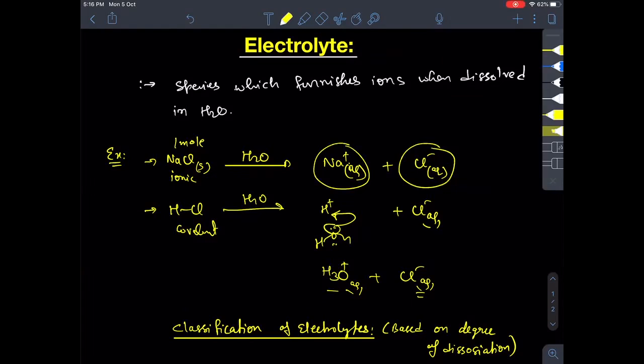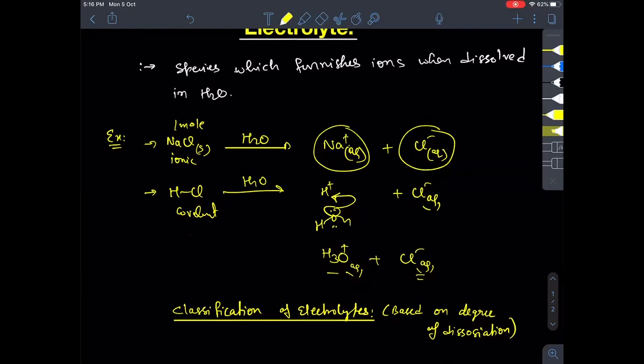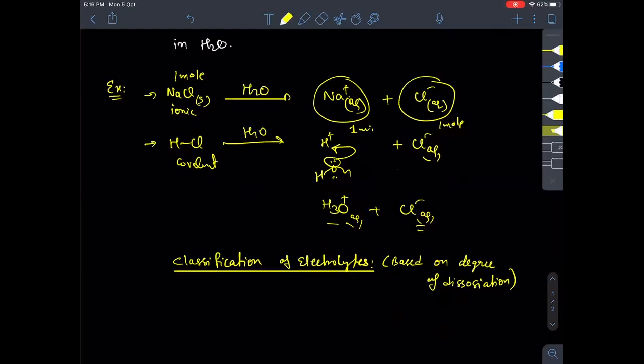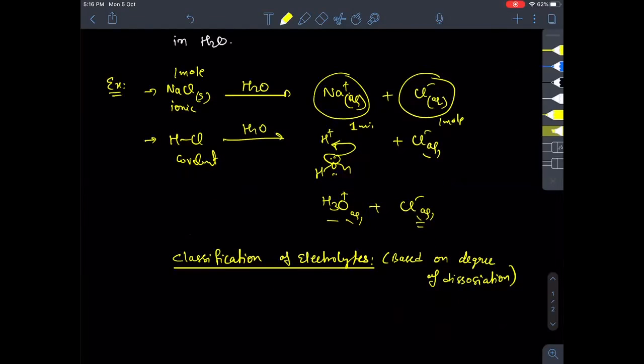Because NaCl is so strong that if you dissolve it, almost every single NaCl formula unit over here will decompose into Na plus and Cl minus, I mean basically separate, 1 mole and 1 mole you are going to get. Almost 0 mole of NaCl will be left. So here basically one I took and one entirely got dissociated.